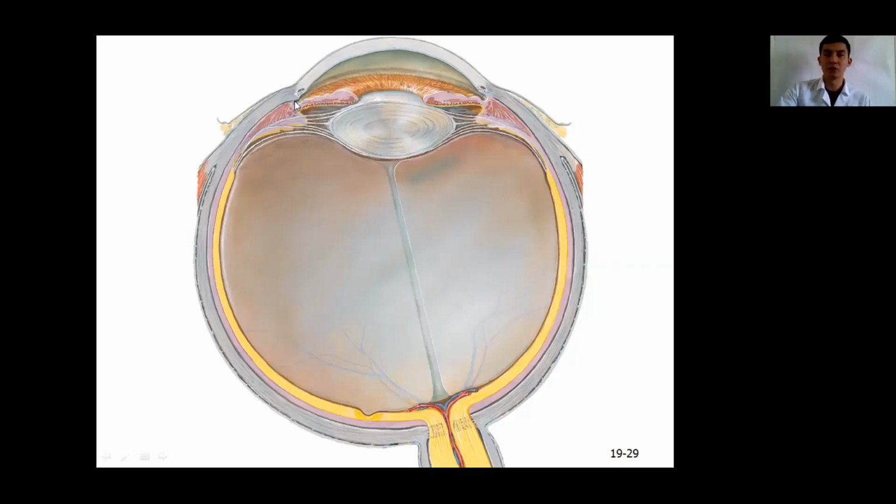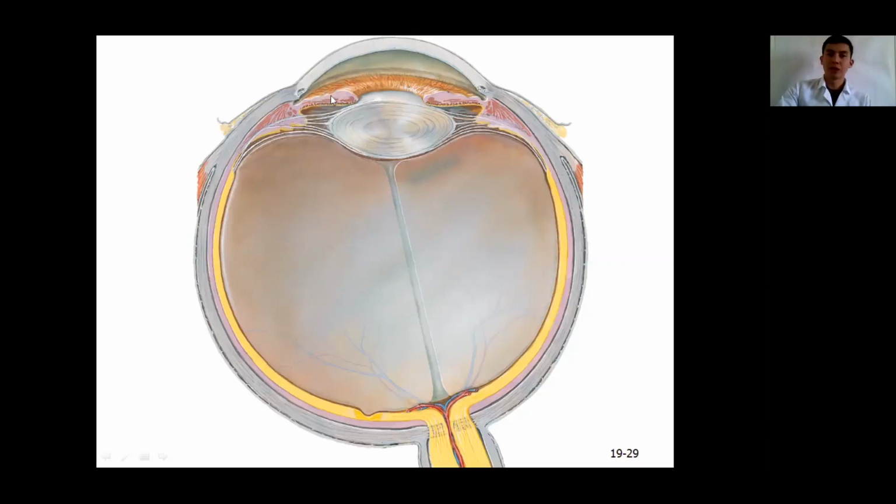Meridional muscles originate from the corneoscleral junction, extend backward, and insert into the ciliary processes. The last structure of the ciliary body is the ciliary processes. From this region you can see the zonular fibers that extend toward the lens and provide the changing of the shape of the lens.